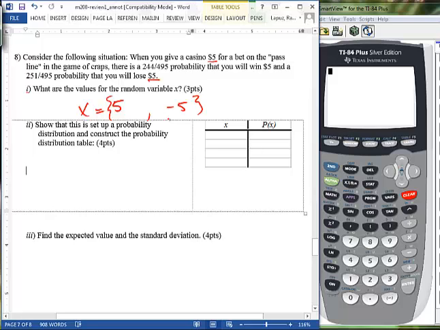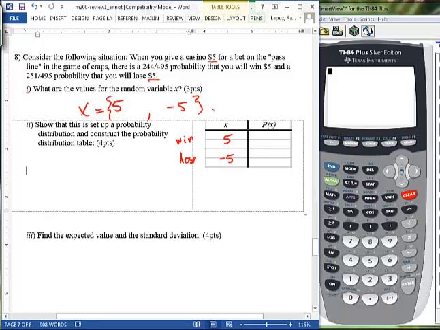Show that this setup is a probability distribution and construct a table. So our table would start off with a win or a lose. We don't have to label this, but we should. If we win, you get $5. If you lose, you get negative $5.